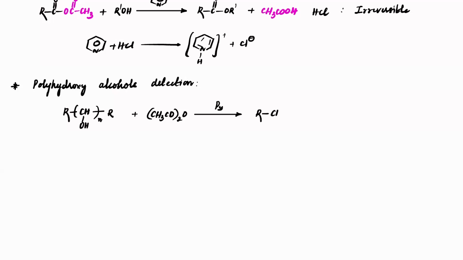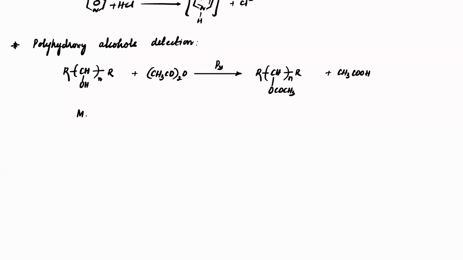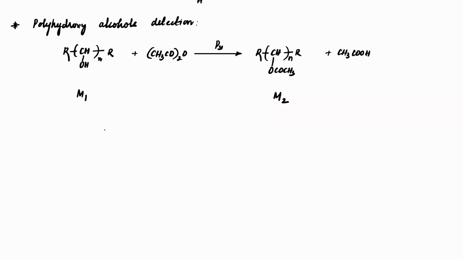We'll expect this to form RCH OCOCH3, N times of R here, plus CH3COOH. If this molar mass is M1 and here the molar mass is M2, then the number of hydroxy groups present will be M2 minus M1 by 42.